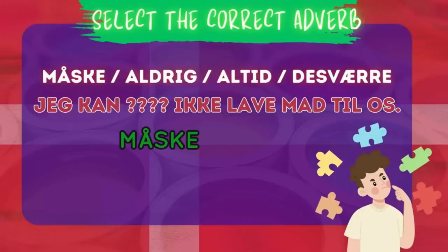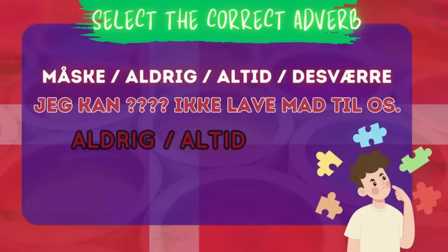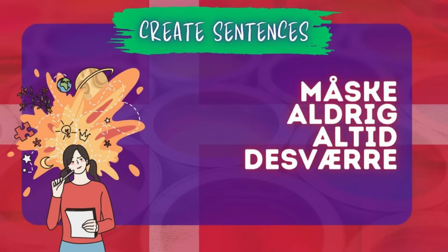Jeg kan måske ikke lave mad til os. I maybe can't make food for us. I could also say that. But I definitely couldn't use aldrig. And neither could I use altid. That would sound weird. A double negative, aldrig ikke, and then a positive and a negative, always not. That wouldn't work.